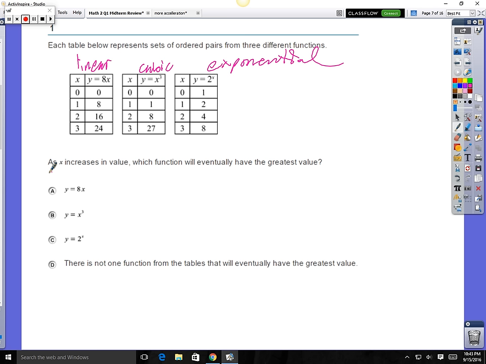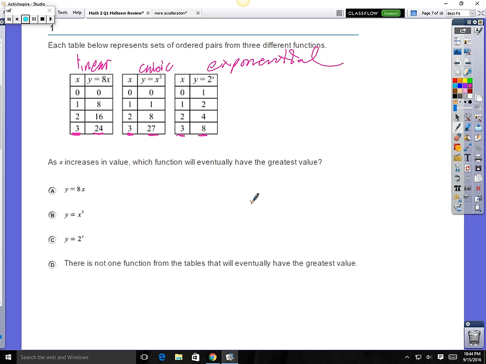So let's see what the question wants. As x increases, which function is going to eventually have the greatest value? As x gets bigger, the biggest x is 3, and it spits out a 24. This x spits out 27, and this x spits out 8.